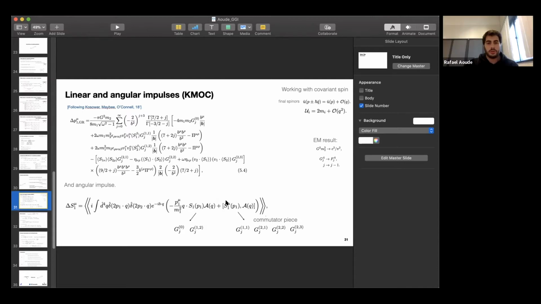You mean you need the two terms in the calculation of the angular impulse? Yeah, you might remember rather than I do. Maybe it depends on the definitions of the spin, but this is what we saw. Okay, thanks for the question.